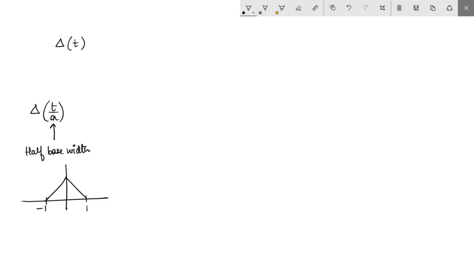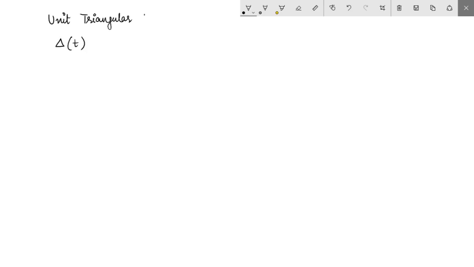So the base width was actually 2. But in an alternative definition, which is also very popular, this a represents the total base width. That means if I was to say that a is equal to 1, this would have to mean that this entire width was 1.